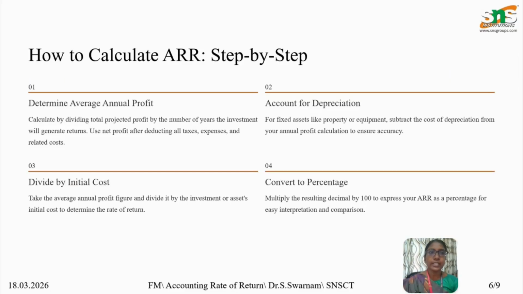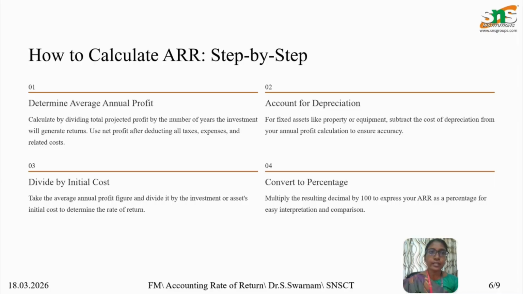So how do we calculate the average rate of return? We will see this step by step. First and foremost, we have to calculate the average annual profit. The projected profit of a company, whether the company is expecting 5 years, 6 years or 10 years, whatever it might be, earnings divided by the number of years is the average annual profit.